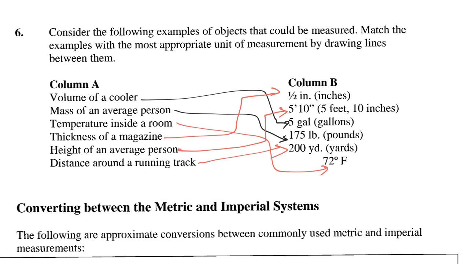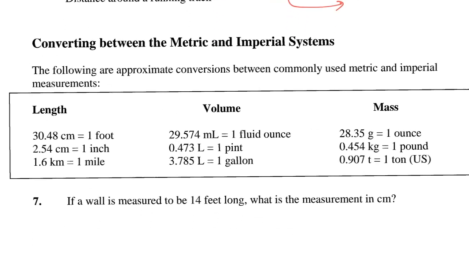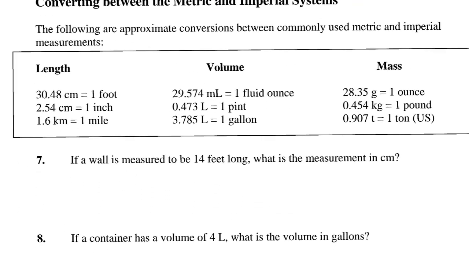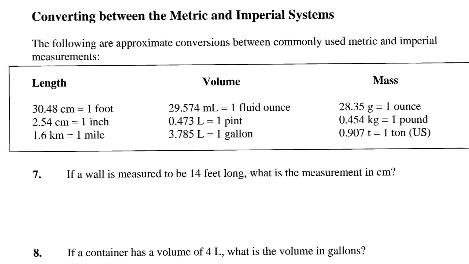All right, cool. So now we're going to work on converting between metric and imperial systems. Here we go. So these are the approximate conversions between the commonly used metric and imperial systems.